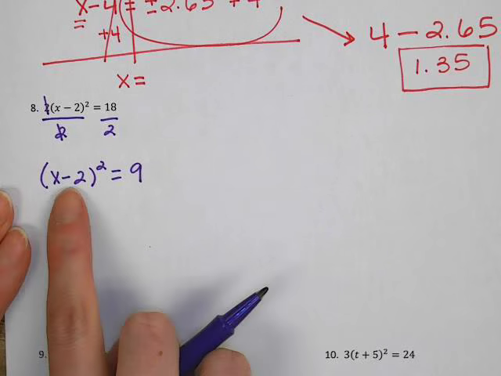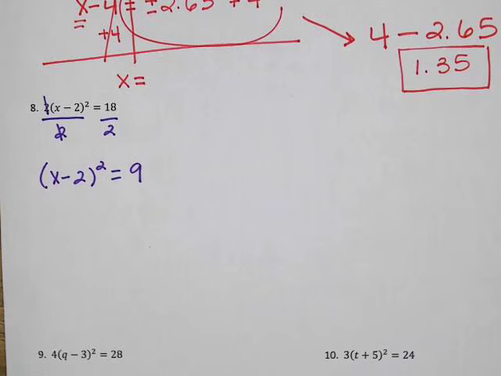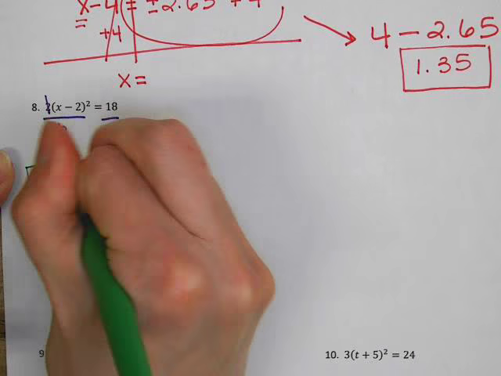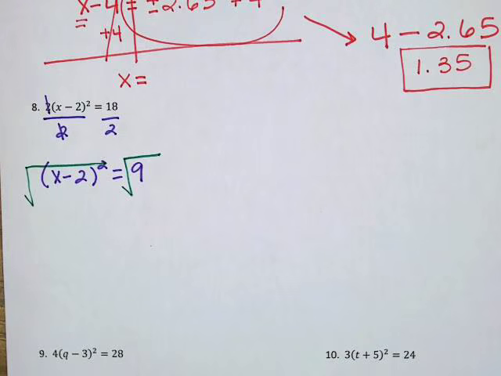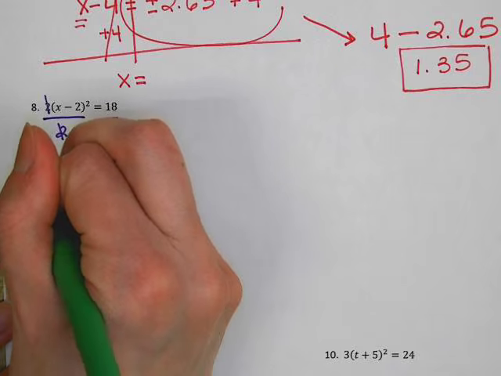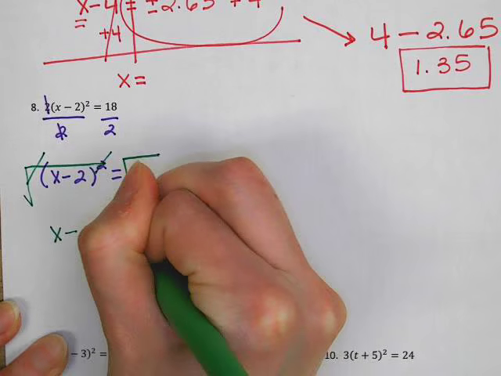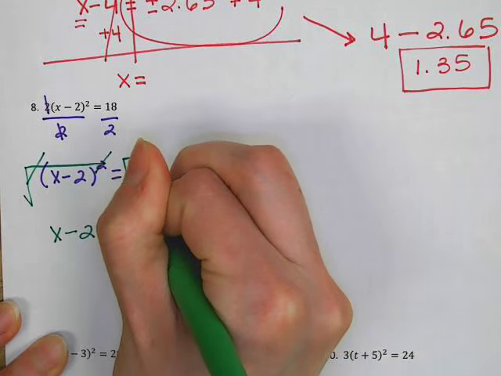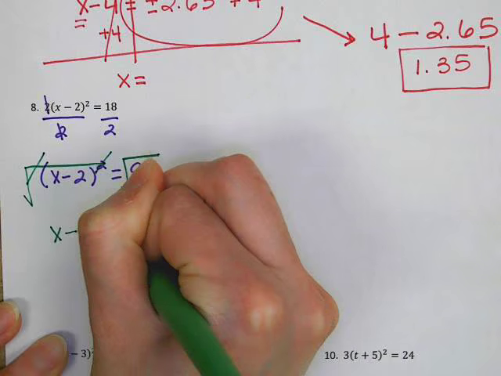Okay, when you have something squared equals a number, to solve, we square root both sides. And the square root cancels. You're left with x minus 2 equals, well, the square root of 9 is 3. Don't forget plus or minus.